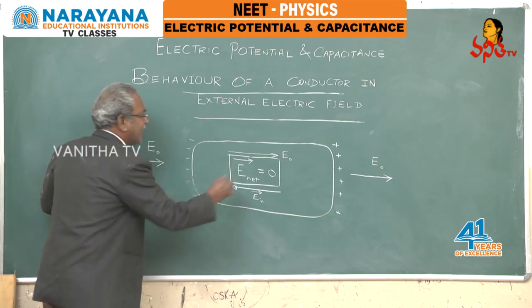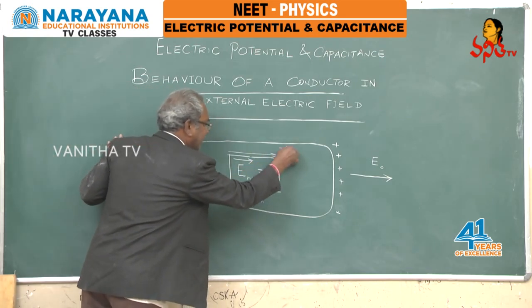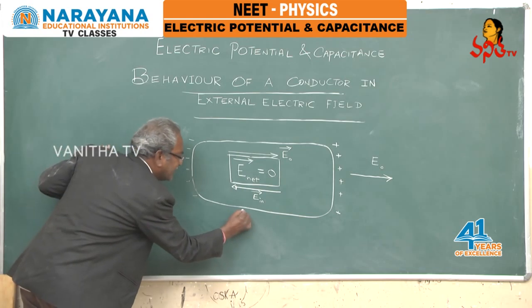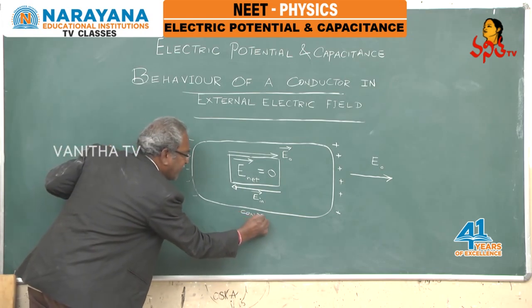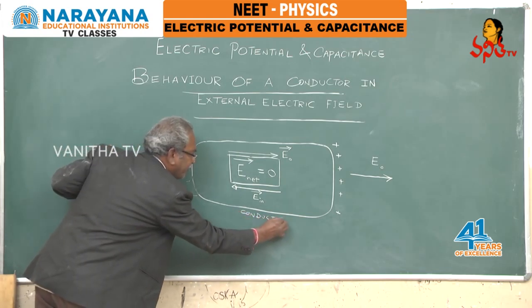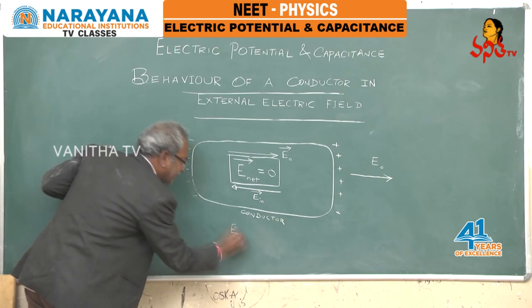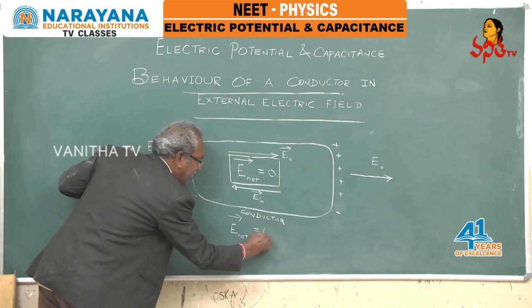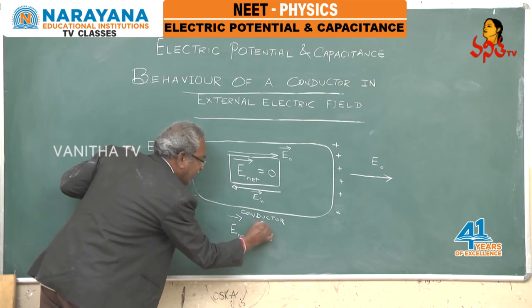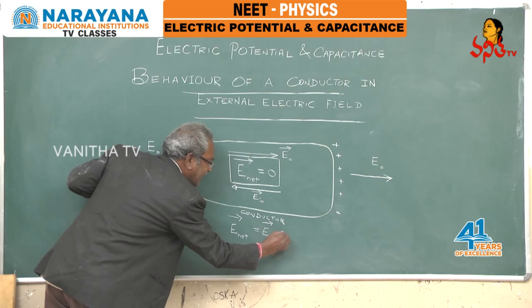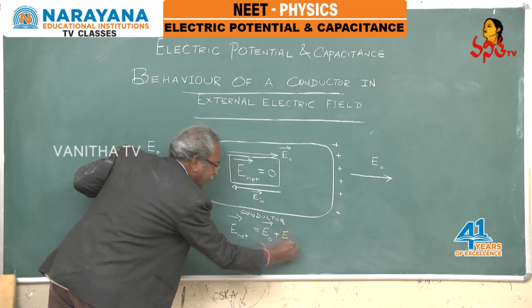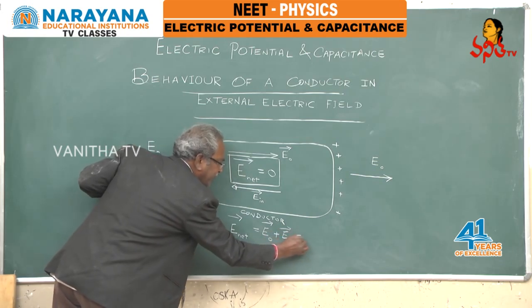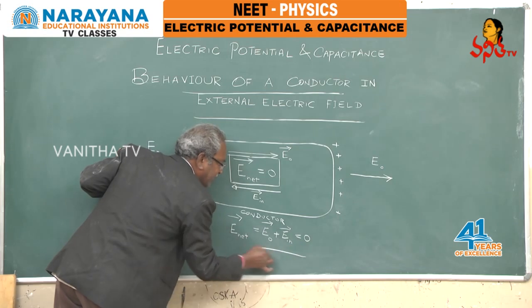Or you can say that in the case of a metallic conductor, E net vector equals the external electric field E naught vector plus the induced electric field E in vector, which should be equal to a null vector.